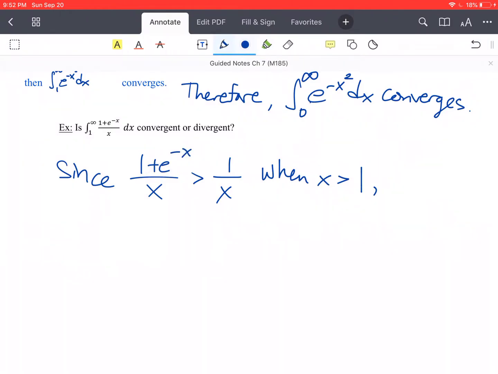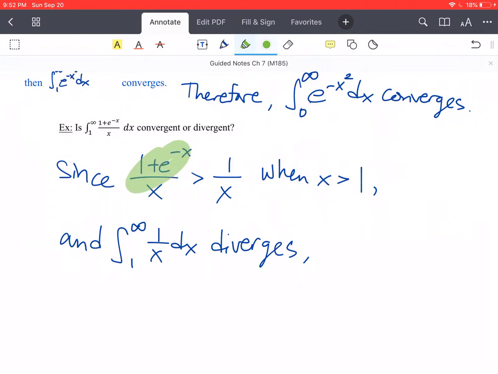So since this function is bigger than 1 over x, and we found earlier in the section that the integral from 1 to infinity of 1 over x dx diverges. So again, this function's bigger than 1 over x. The integral of 1 over x diverges.